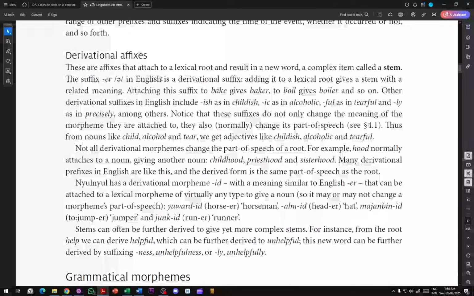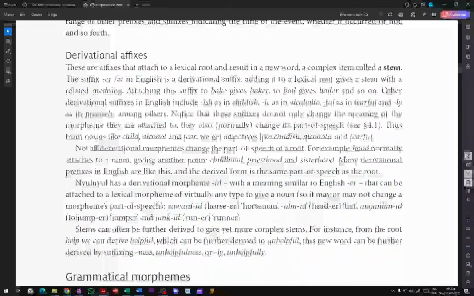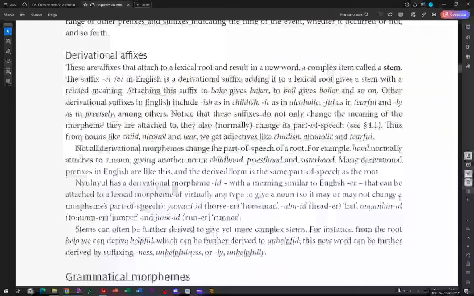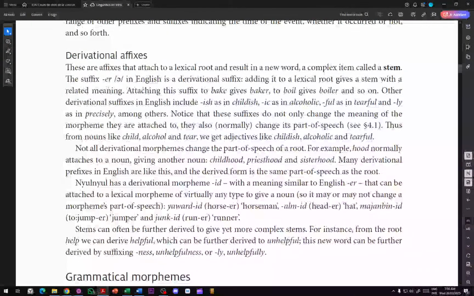The suffix -er in English is a derivational suffix. Adding it to a lexical root gives a stem with a related meaning. Attaching this to bake gives baker. Okay.